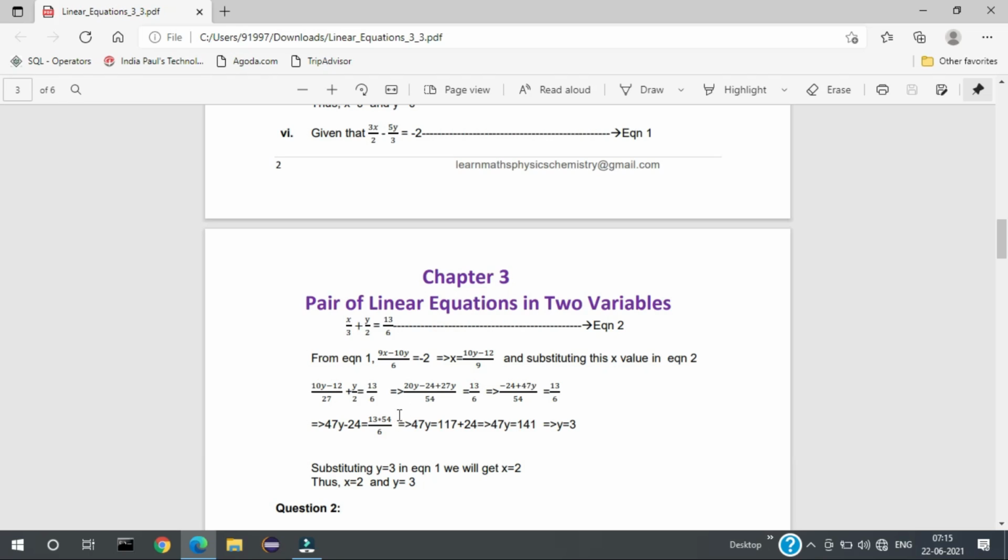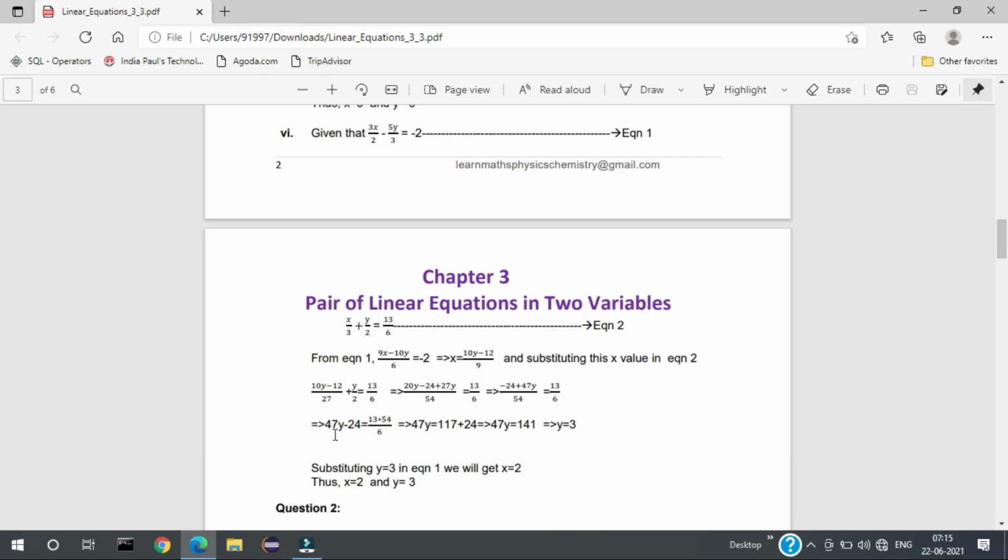So 27 into 2, we taken LCM 54. So (20y minus 24 plus 27y) by 54 equals 13 by 6.